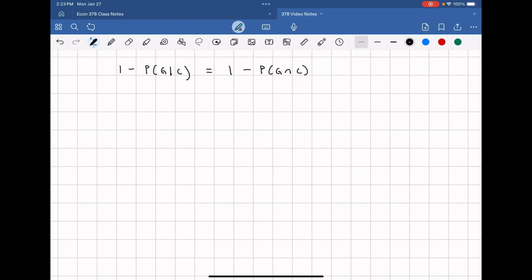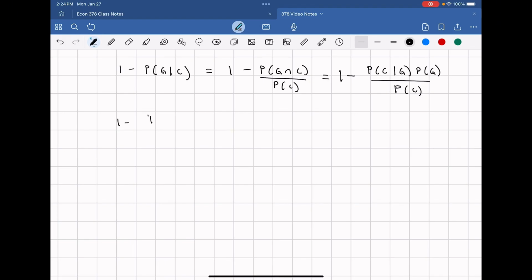So this is the probability of G and C over the probability of getting it correct. And then we can one more time do an application of Bayes' law to reverse that: 1 minus the probability of C conditional on G times the probability of G, all over the probability of getting it correct.